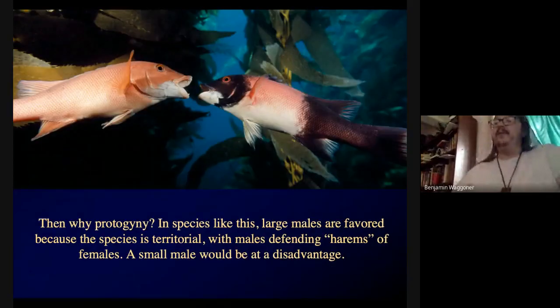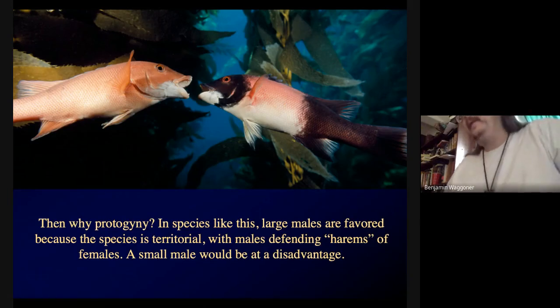You might think protogyny wouldn't be favored, but it seems to work in species like the California wrasse, because in that species, large males are favored because they're territorial. Males defend territories, and each male has to defend a, quote, harem of several females that the male will mate with. Males are constantly challenging each other, and if you are a small male, you're not going to get to mate at all. You're just going to get sand kicked in your face, or whatever the equivalent is in a kelp forest.